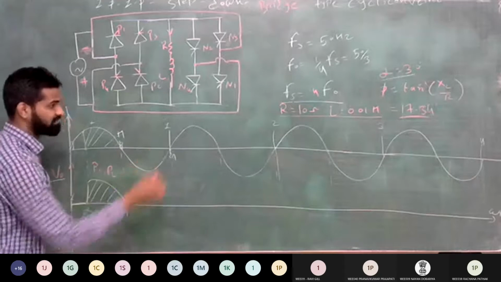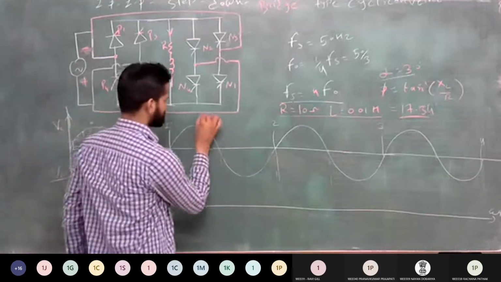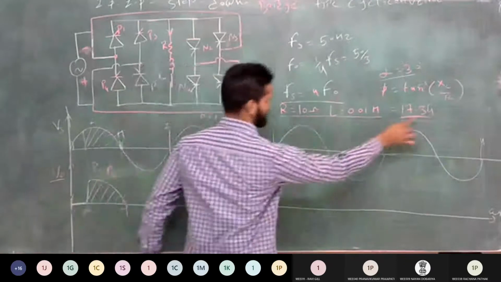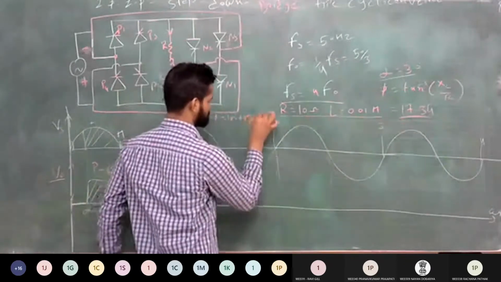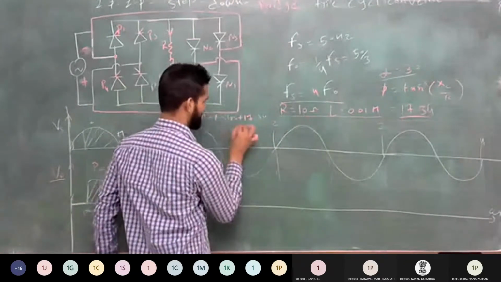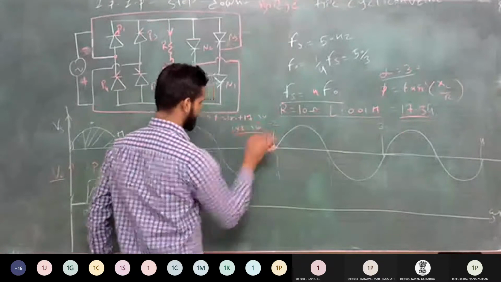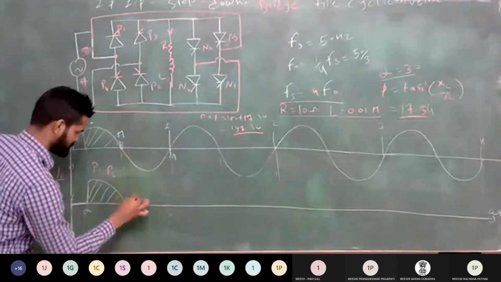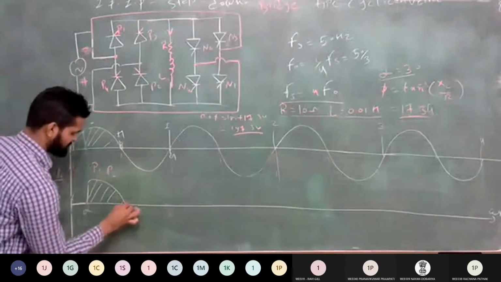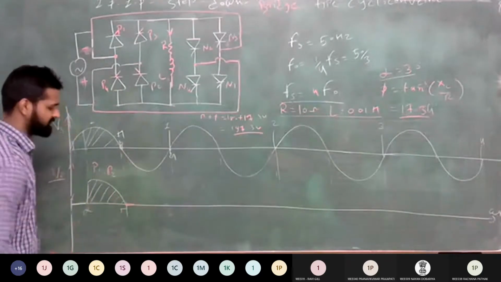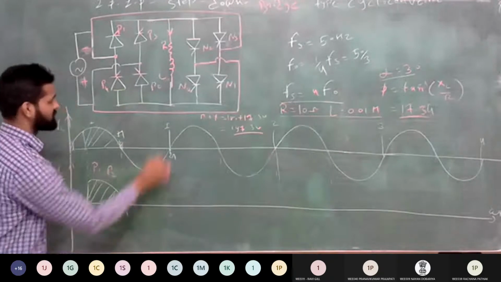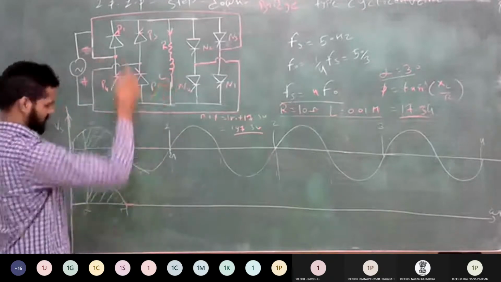So pi plus phi means 180 plus this phi, 17.34. How much is it? 197.34. Clear? So it is here. Suppose this is phi, this angle is 17.34 degree. At this point all the energy stored in the inductor will discharge.